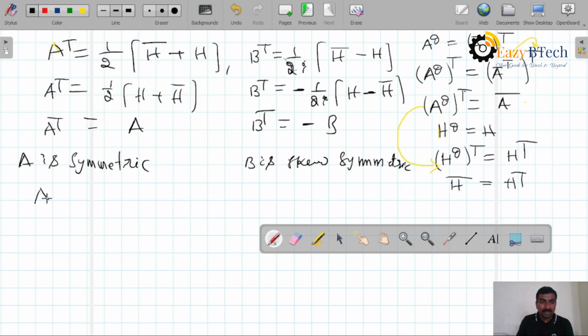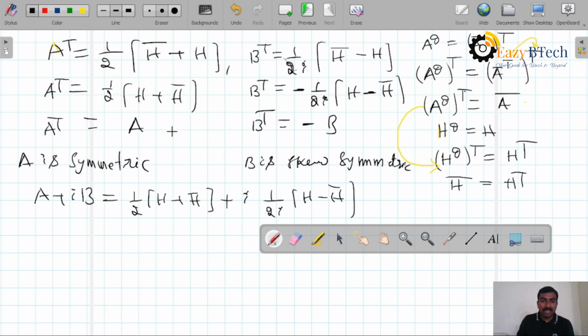A plus iB means A, already you know, 1 by 2 into H plus H bar, plus i into B. What is B? 1 by 2i into H minus H bar. Here i cancels and 1 by 2 is common.